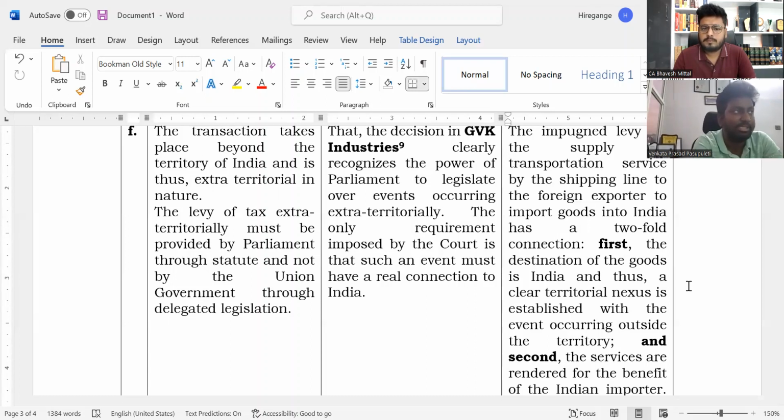Finally it held that even if extraterritorial, sufficient provisions were made to cover the extraterritorial operation of the GST law in this context.